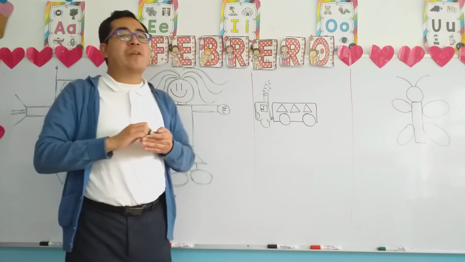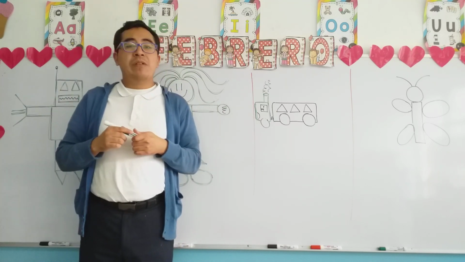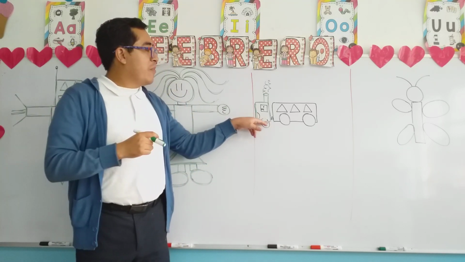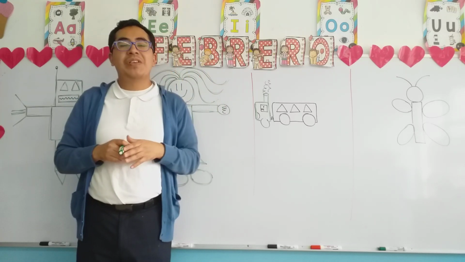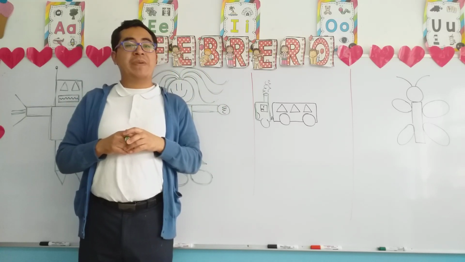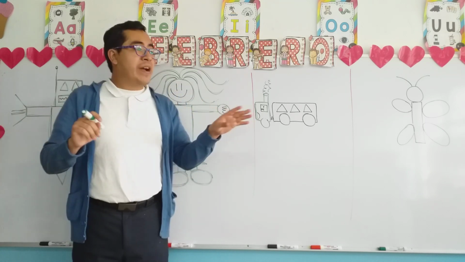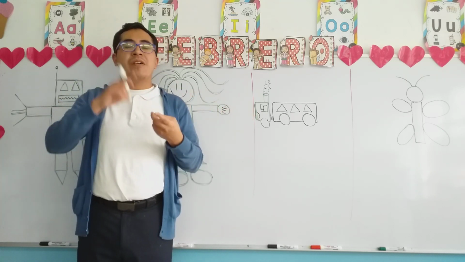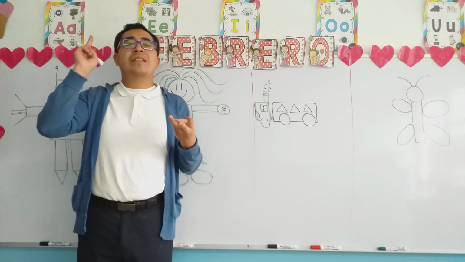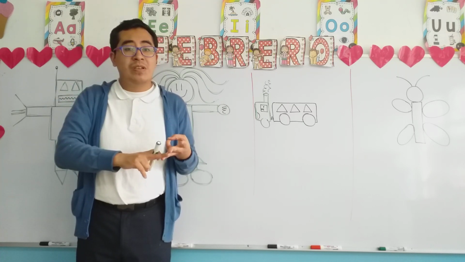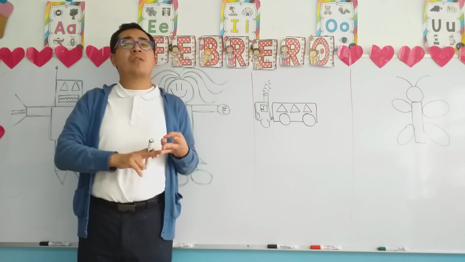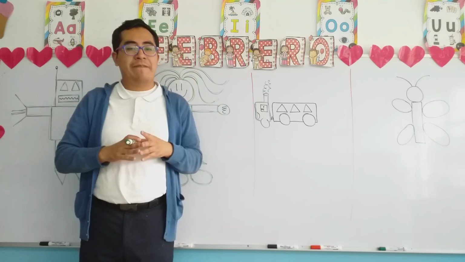And what about the wheels? Okay, the tires. What about tires? Because wheel is el volante. Tires, the tires of cars, the tires of motorcycles, the tires of trucks. What shape or form do they have?